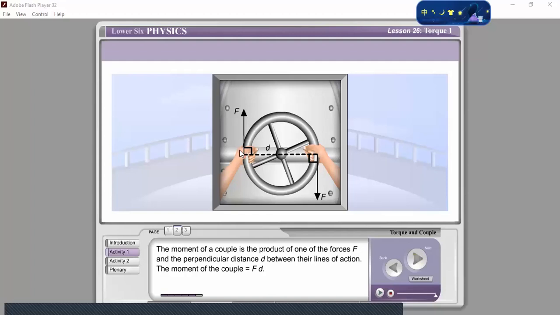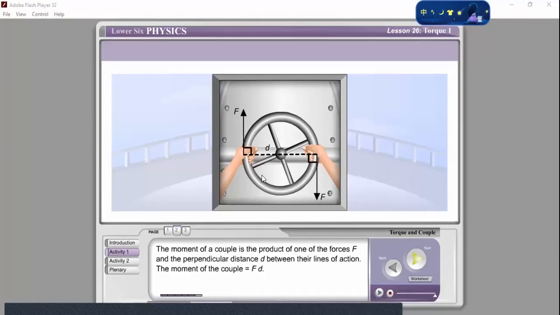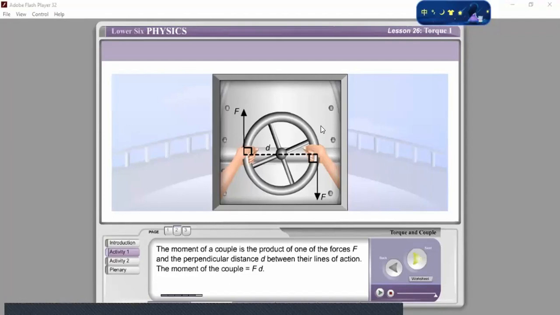Although they are in opposite directions, this will cause the wheel or the steering to turn in circular motion. If the couple of forces act in the same direction, this will cause the wheel to be stationary.